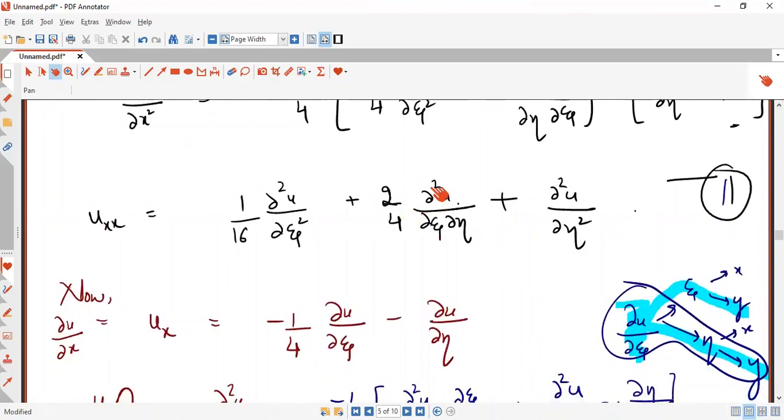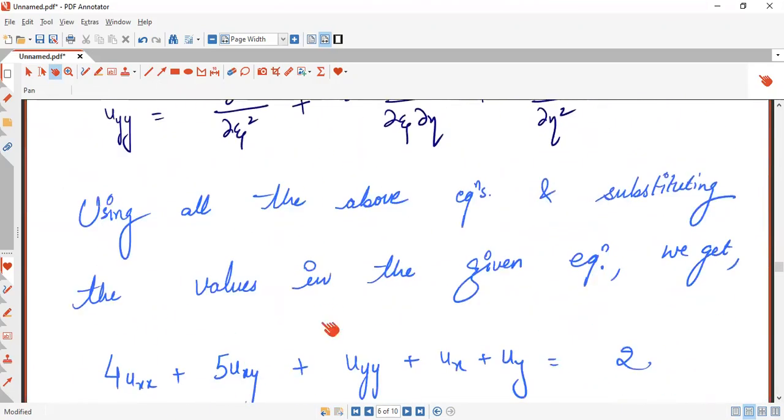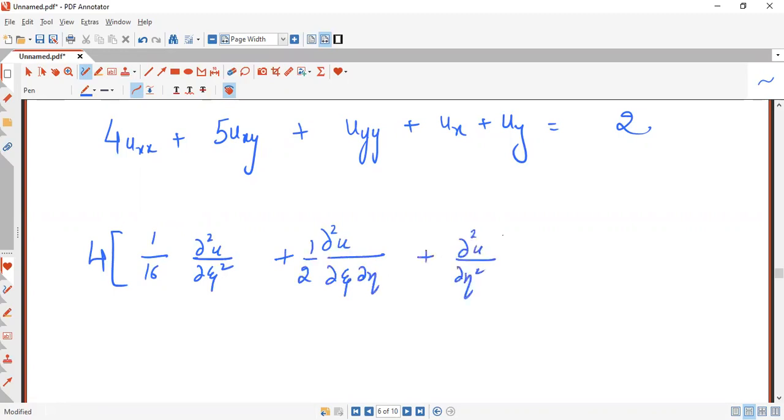Substitute and see what you're getting. 1 by 16 of del square u by del z square plus del square u by del z del eta plus del square u by del eta square, right?